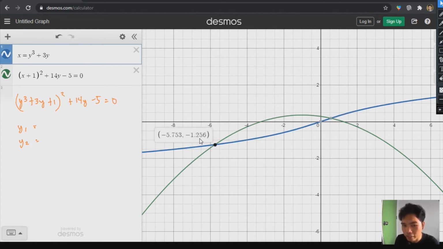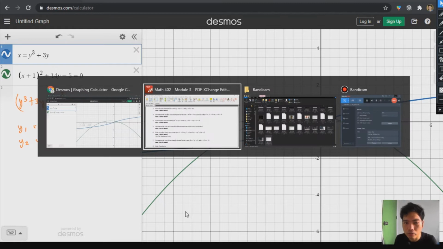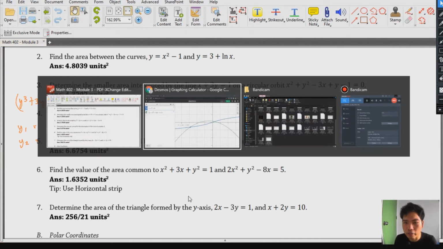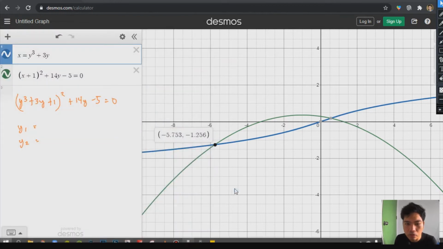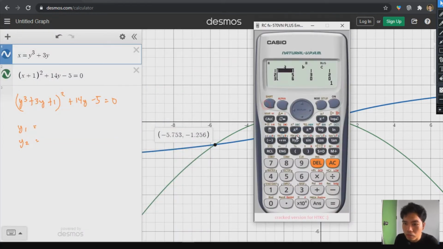Click on it and it shows negative 1.256. So let me show you using the calculator again, in case you forgot.